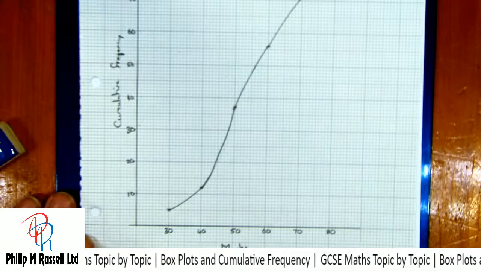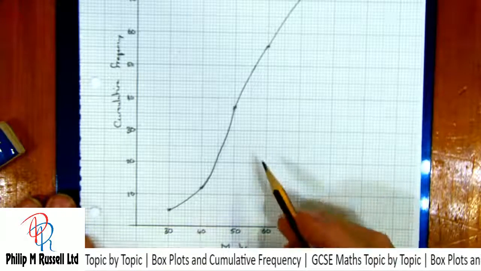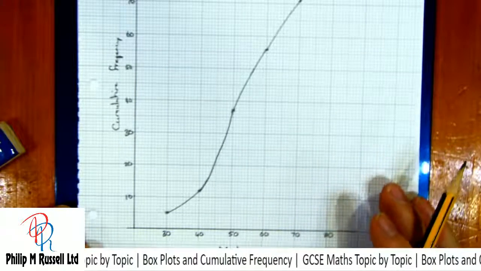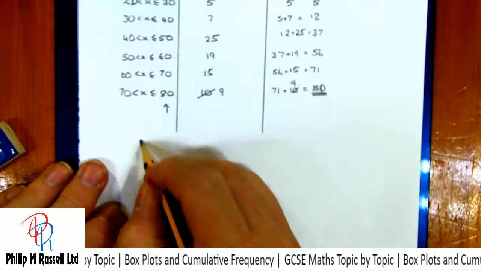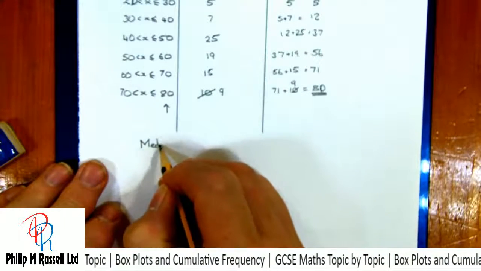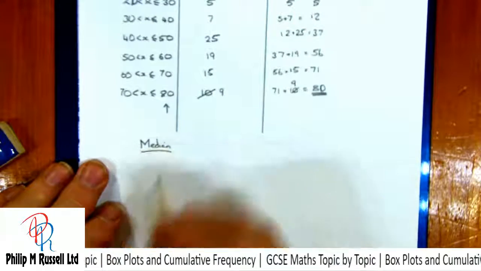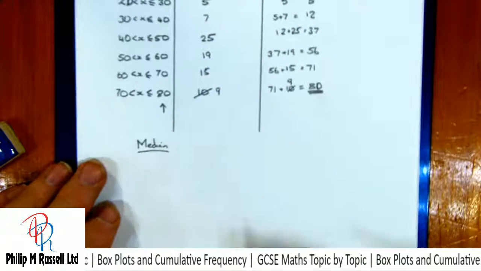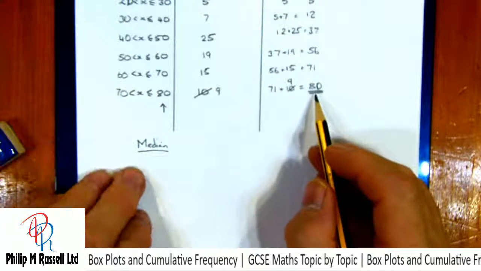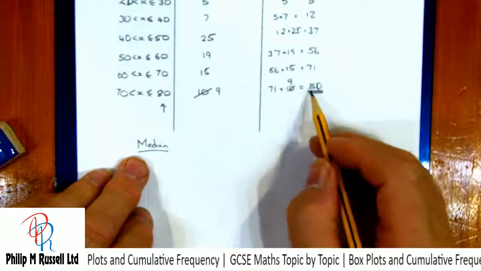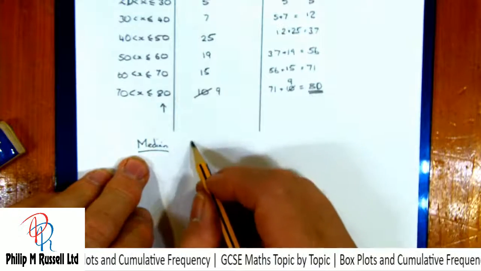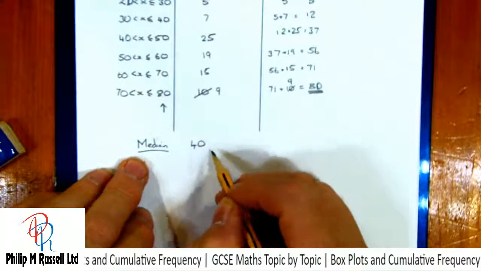What sort of things might I be asked to find from here? Well, our first thing that we might be asked to find here is what is the median. This is why I've changed my number, because if I've got 80, it's going to be the 40th value.